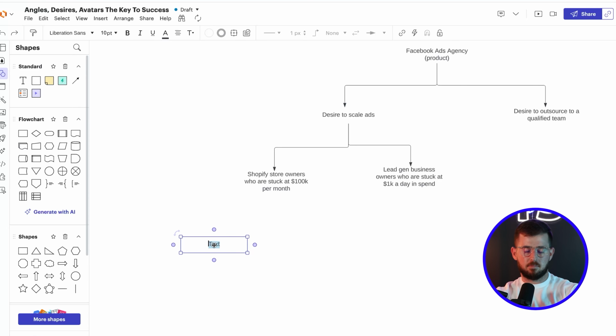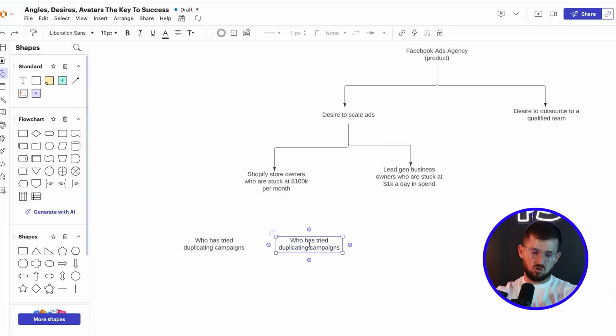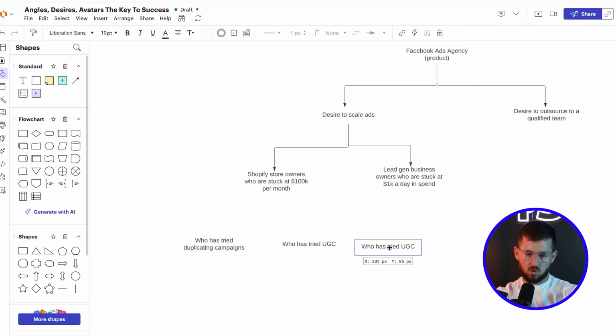So this is basically Shopify store owners who are stuck at 100K a month, who have tried duplicating campaigns. And again, these are things they've tried and failed with. Who has tried UGC. And then the next one, let's actually do bid caps because I know it's a big one.